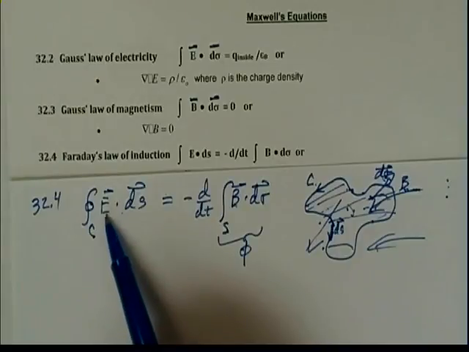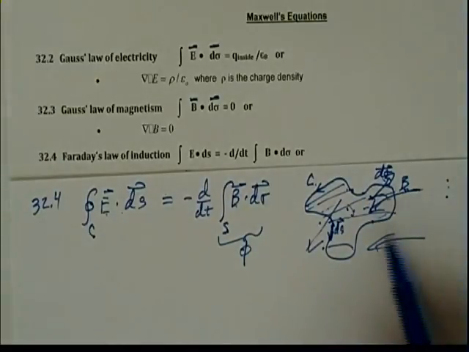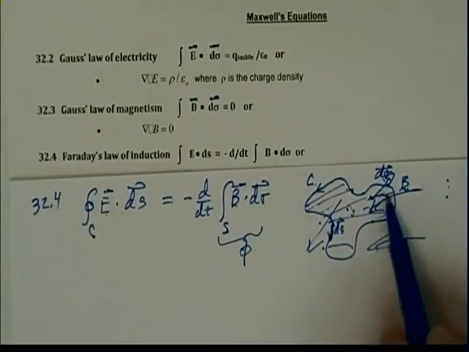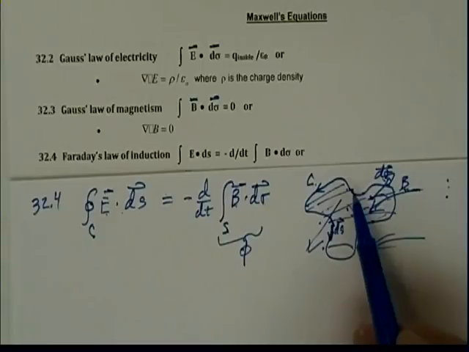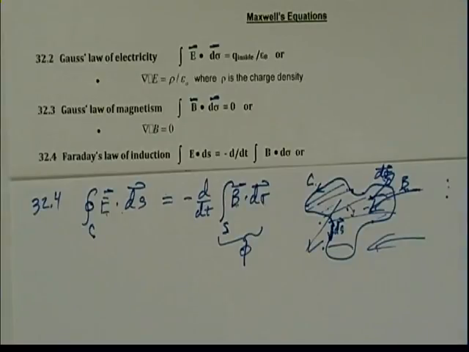The voltage is the integral of E dot ds around this curve. Around this curve, the electric field is going to push the electrons and cause a current to flow. That current will create a magnetic field that opposes the original magnetic field that's creating it.